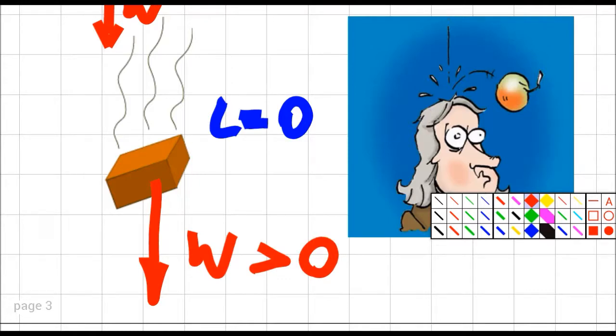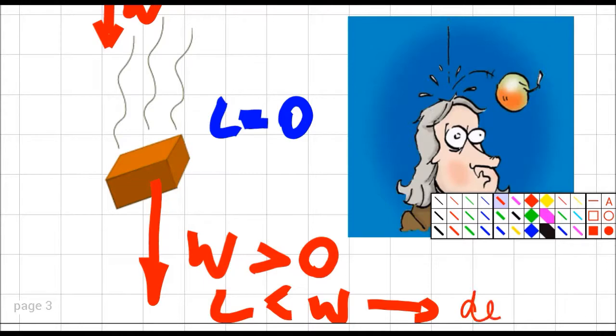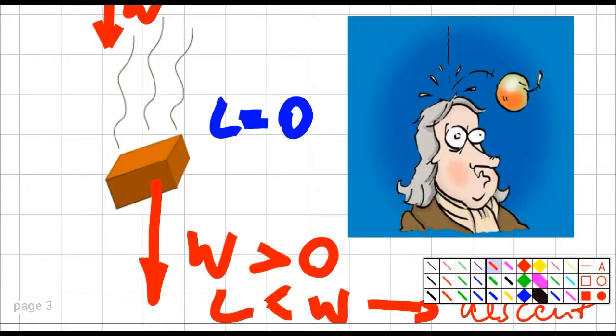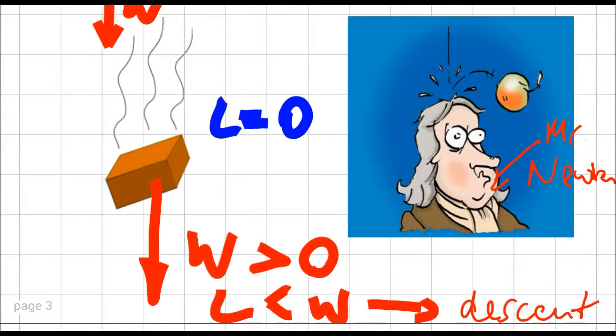Consequence is our lift is smaller than our weight. Our brick needs to descend. And that's what it does. So does the apple. This is supposed to be Mr. Isaac Newton, and the apple falls down because the lift is smaller than the weight.